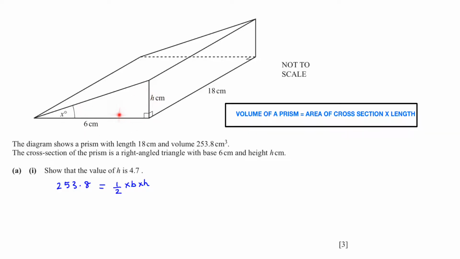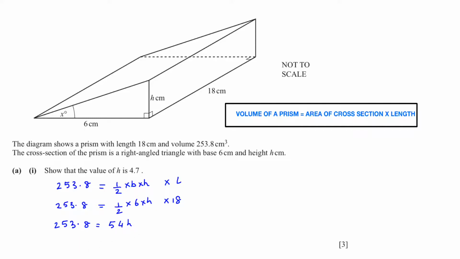Because this is a triangle, this is the cross section right angle triangle, so we can use the formula half times base times height multiplied by the length. We are going to replace the base with 6 and the height with h and L with 18. Half times 6 times 18 will give us 54h.